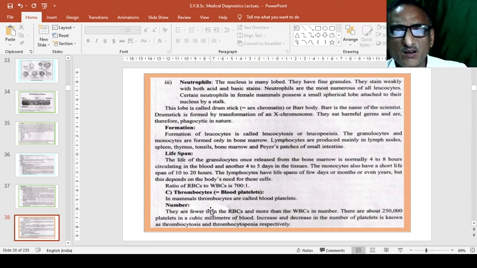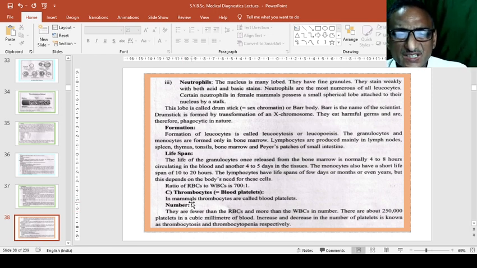The lifespan of granulocytes is about 4 to 5 days, or 4 to 8 hours in circulating blood and 4 to 5 days in the tissues. Then the monocytes have a very short lifespan of about 10 to 20 hours. The ratio of RBC to WBC is about 700 to 1.